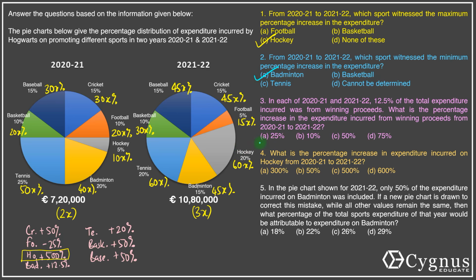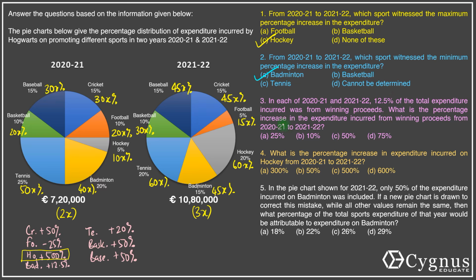Let's go to the next question. In each of 2020-21 and 2021-22, 12.5% of the total expenditure incurred was from winning proceeds, whatever that is. Okay, so of the total expenditure, 12.5% came from winning proceeds.